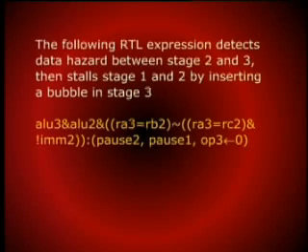Now written in the form of RTL, it states ALU3, which is a control signal indicating that the operation in stage 3 is an ALU operation, and ALU2, meaning in stage 2 we also have an ALU operation. The third condition is RA3 is equal to RB2, indicating a common register between stage 2 and stage 3, or RA3 is equal to RC2.